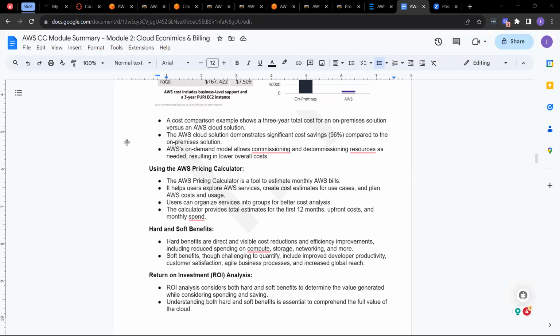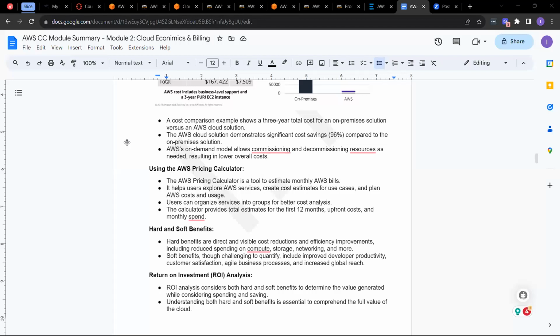But when you look at the last bullet point on the screen you shared for the AWS pricing calculator, it says the calculator provides total estimates for the first 12 months, upfront costs and monthly spend. So going by that, it would be a little hard to choose between the cost explorer and the pricing calculator based on just the months that you can estimate or forecast for. Yeah, I get it.